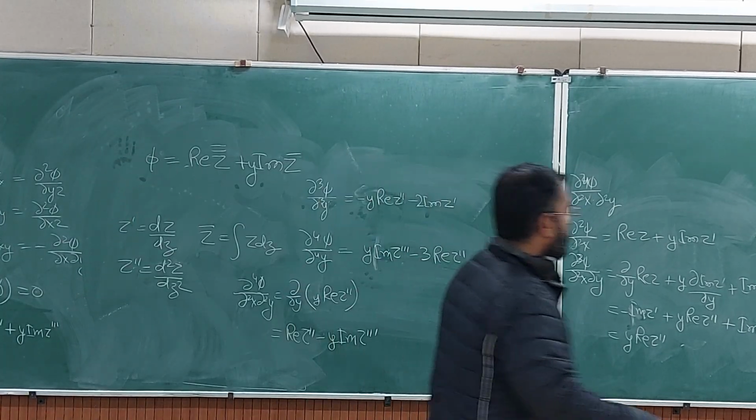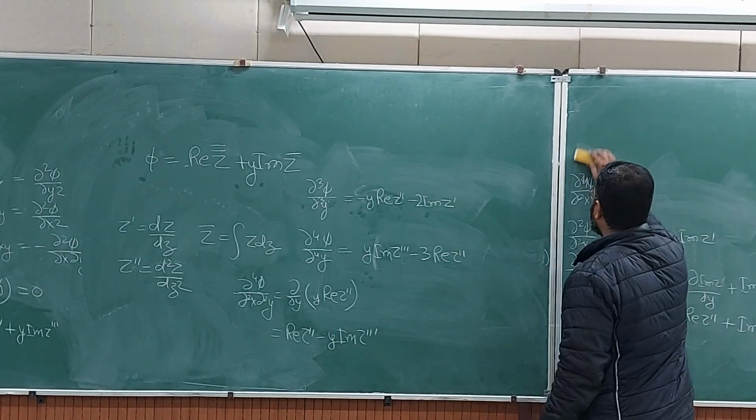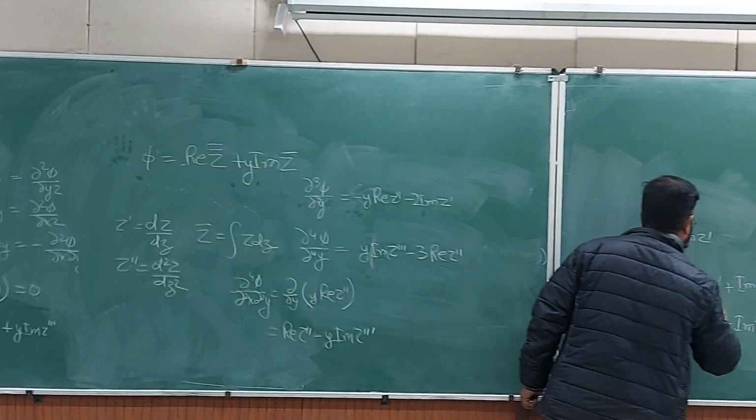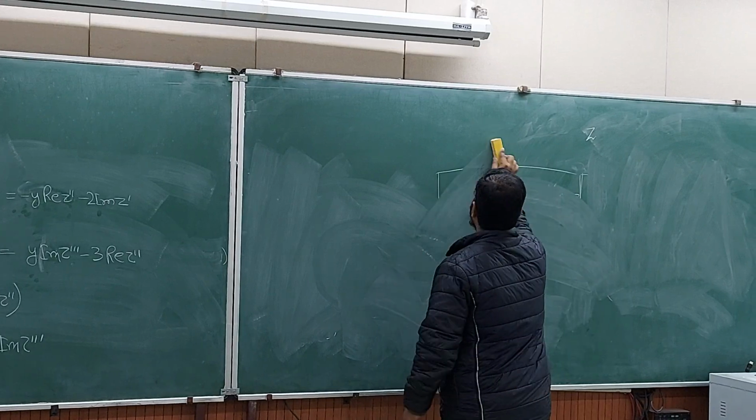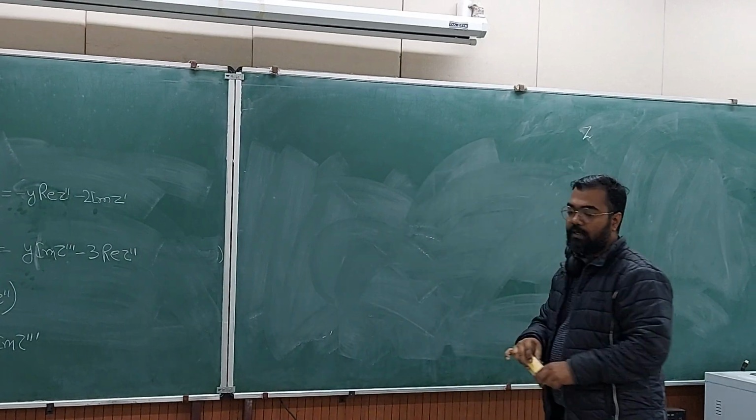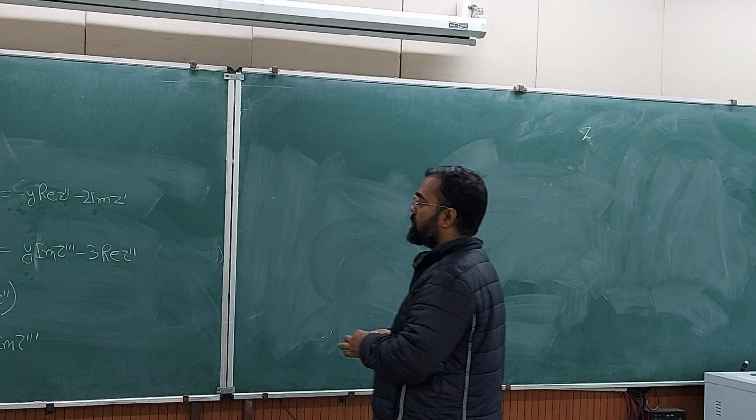So I hope here I don't have anything, and now I don't need CR, so I will wipe it out. Okay, and now we just need to plug in the values.